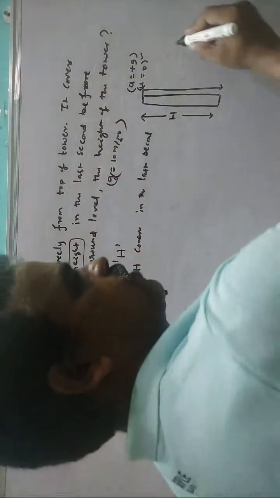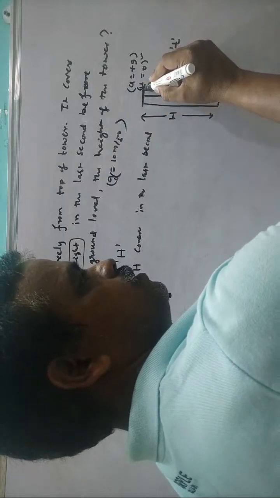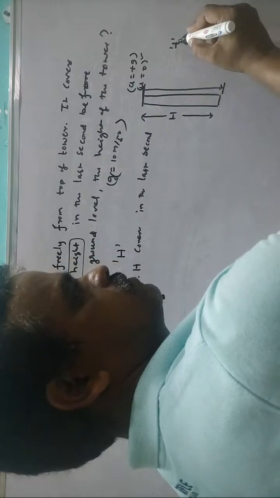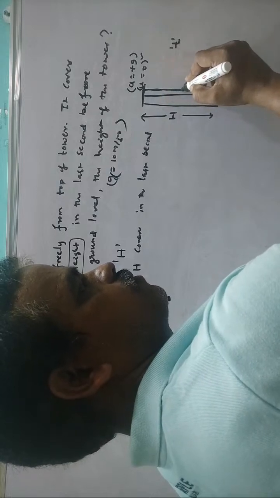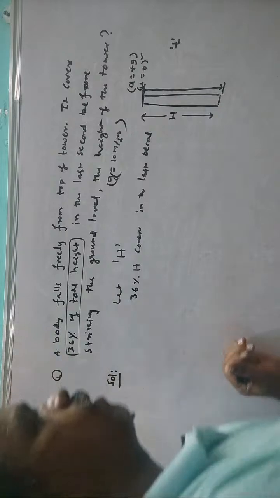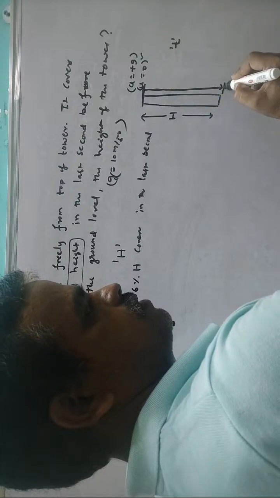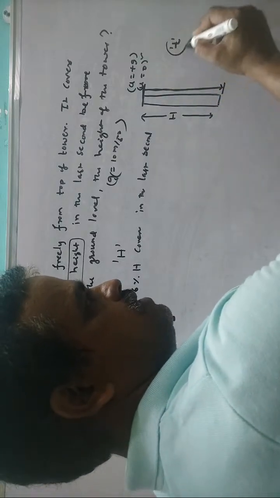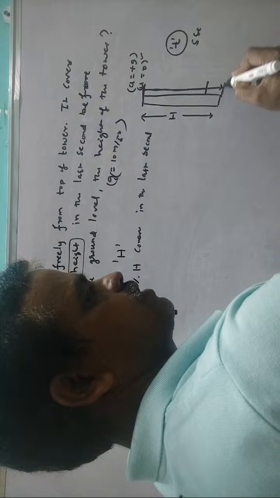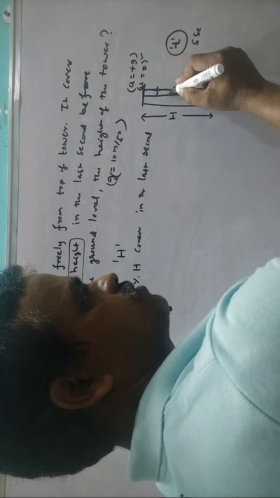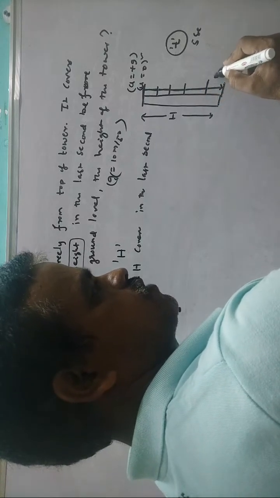That means, for example, t seconds is the time taken by the freely falling body to reach the ground. It starts here and reaches this point. For example, if t is 5 seconds, in the last 5th second, so there is the first second, second, third second, fourth second, 5th second. For example, this is in the 5th second.